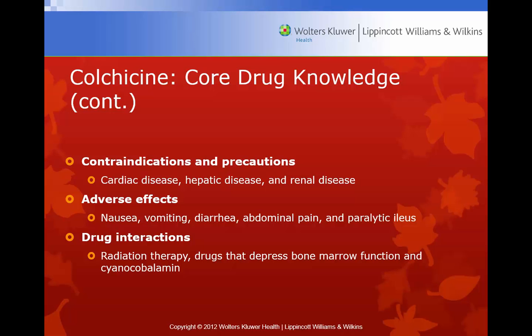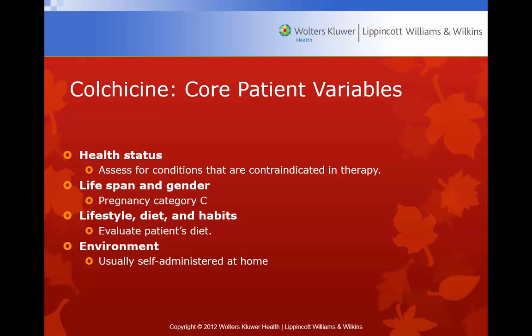Radiation therapy, drugs that depress the bone marrow function, and cyanocobalamin, which is B12 or vitamin B12. Those are your main drug interactions. Those are listed on table 25.6 on page 478 in your book. We want to assess for conditions that are contraindicated in therapy.